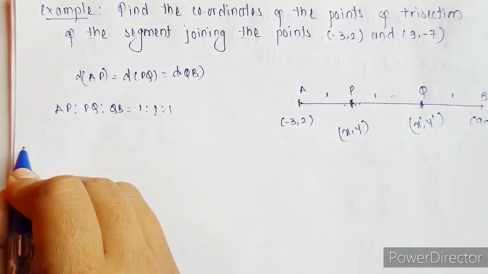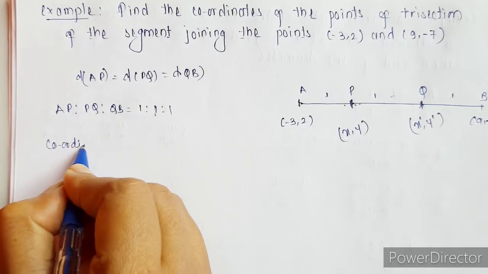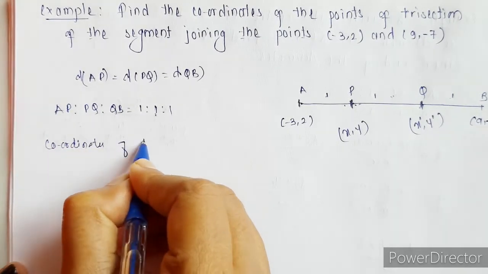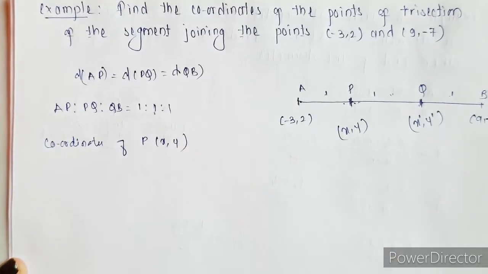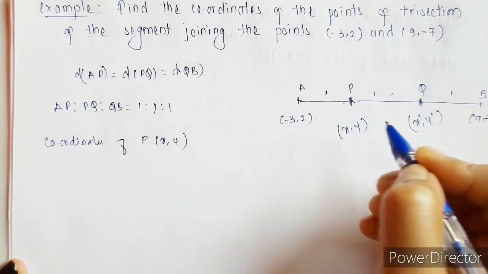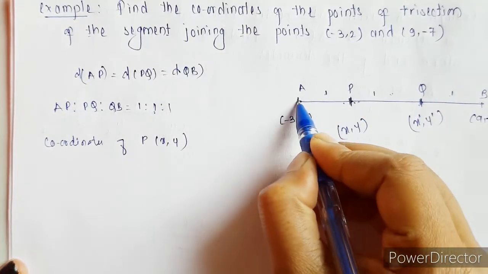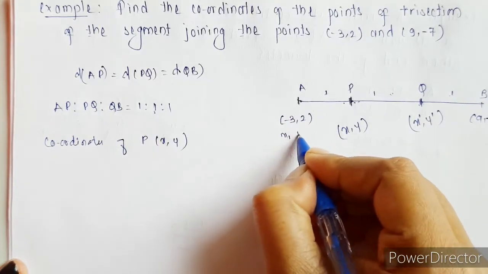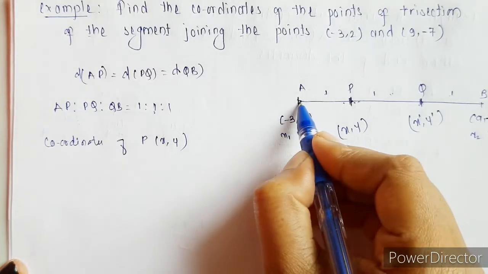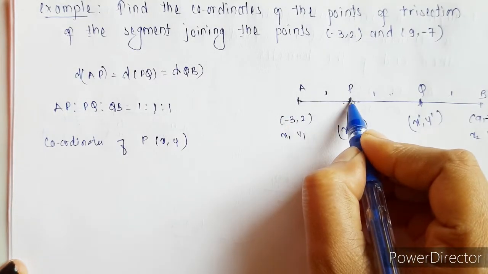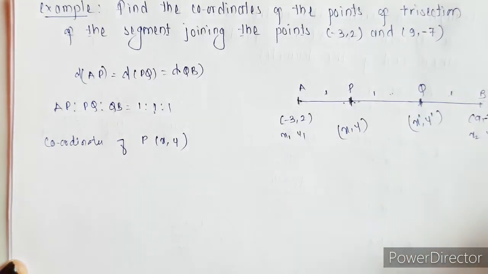First, find the coordinates of P. So we are first finding x comma y. Now forget about this Q. We have to find P using this A and B. I am marking this as x1, y1, and this as x2, y2. Now the distance AP is 1, but PB is 1 plus 1, that is 2.